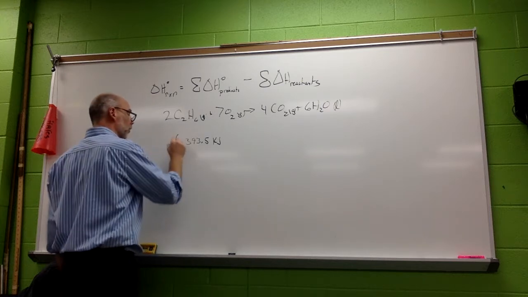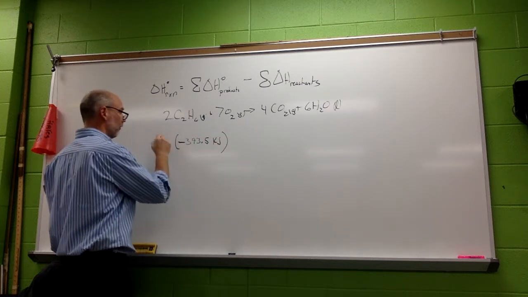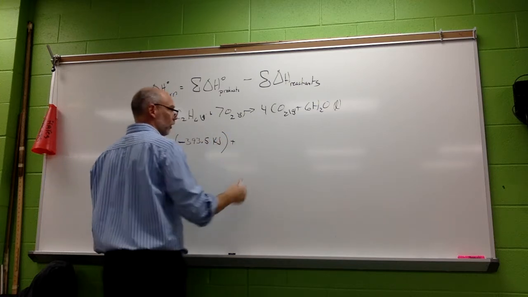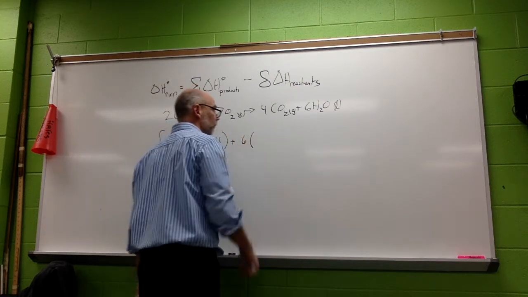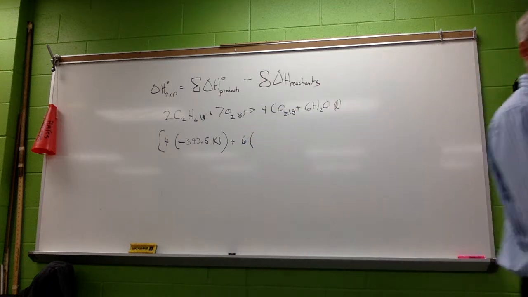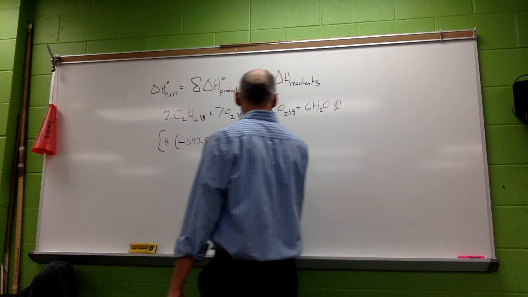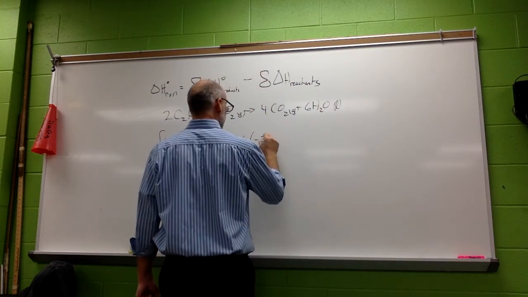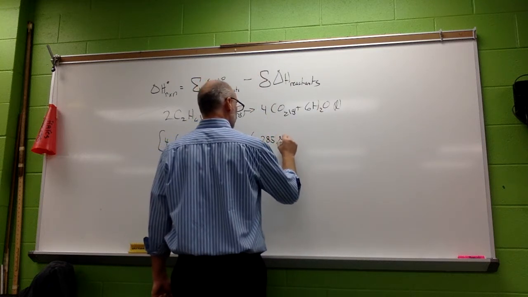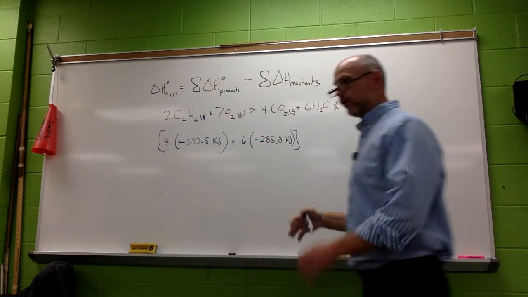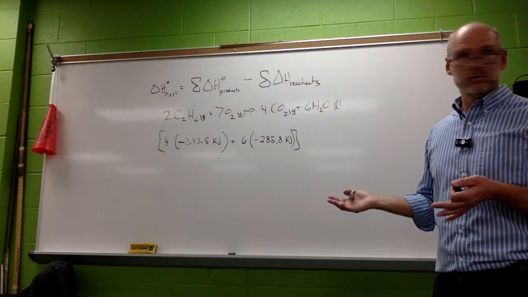Okay, and we're going to have to multiply that by 4, plus 6 times liquid water, which is 285.8, negative, right? And so that's what that's going to look like.